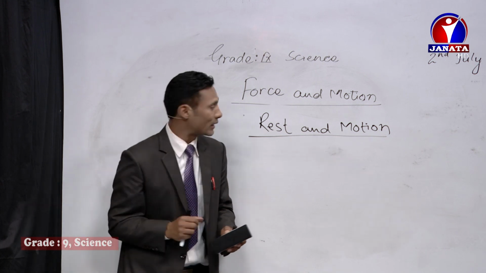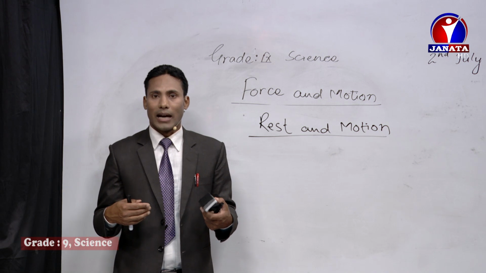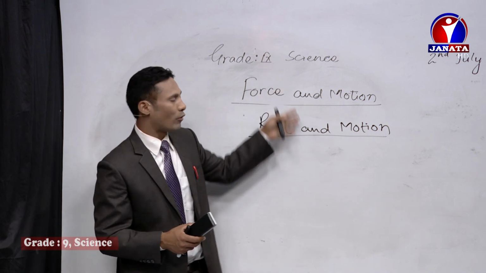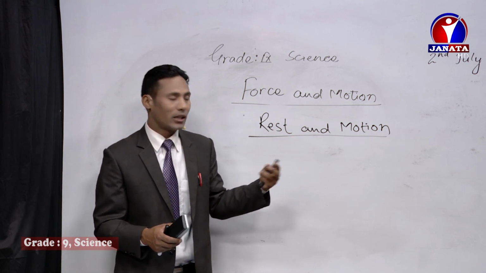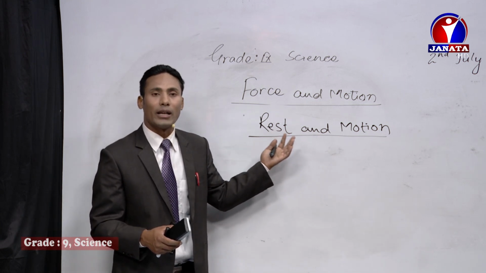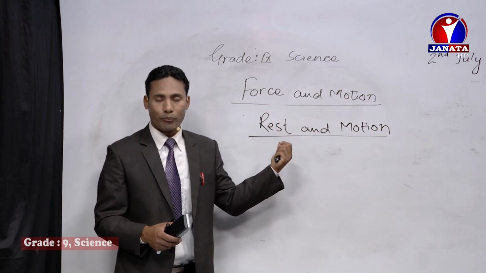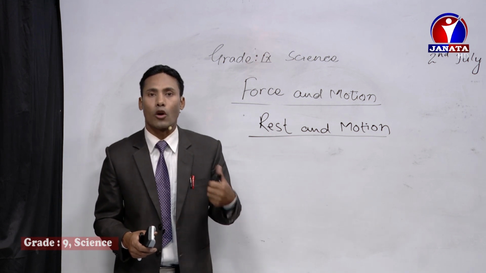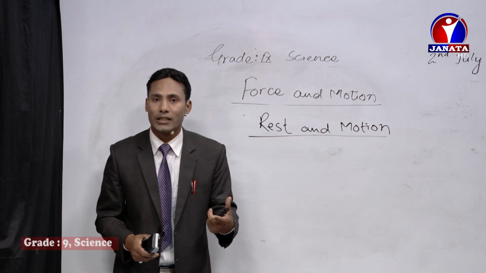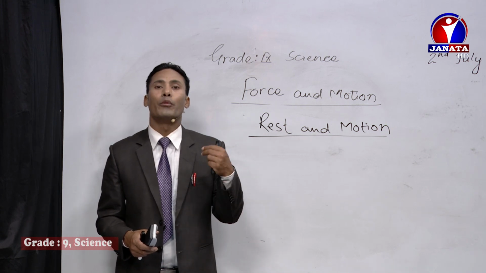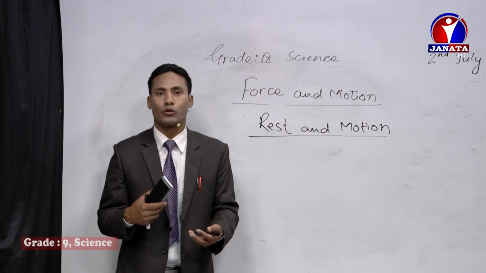So let me explain this once again. If I talk about my position, I am at rest with respect to this whiteboard, because my body is not changing position with respect to this whiteboard. But if I consider the reference point the sun, let's say Jupiter, let's say the moon, in that condition my body is in motion with respect to the sun, the moon, and Jupiter.